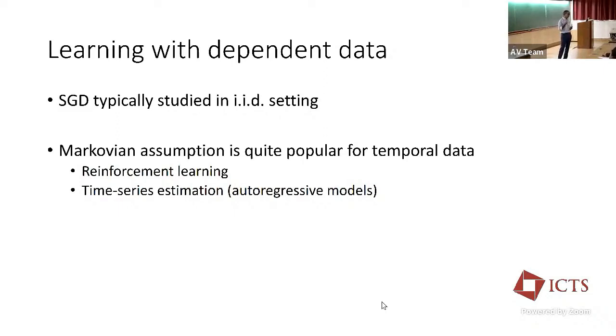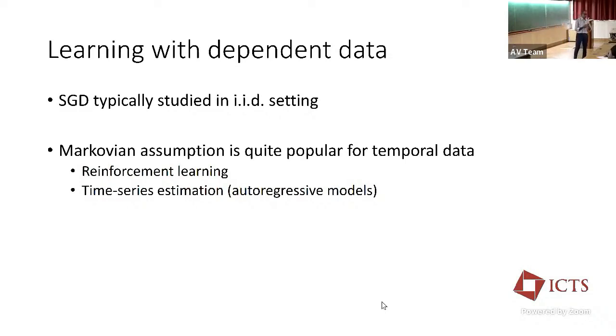You are getting samples of data, you're making some updates, and you are moving on. Now, typically, these stochastic gradient descent type of methods are studied in IID settings. That is where all the data points are independent of each other. But we want to now restrict it to settings where the data might have arbitrary dependence, or might have dependency on each other.